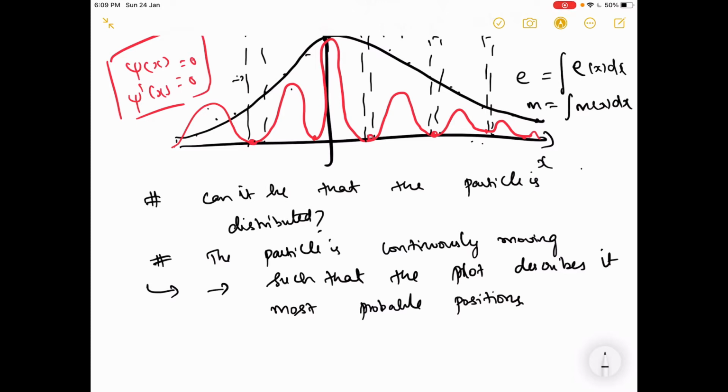Let's just say that your particle somehow reaches this point, which also has a probability to be present, right? The particle, the red particle, can somehow be here for some time, and it has to move from here to here to achieve this particular distribution. So if you have infinitely high potential walls, how did the particle get past this?